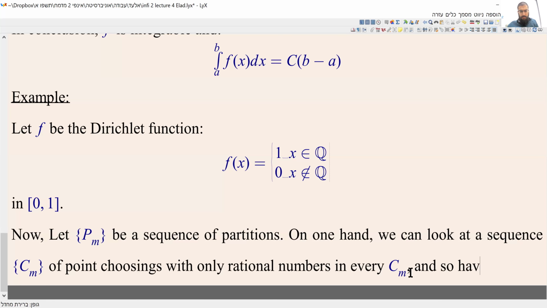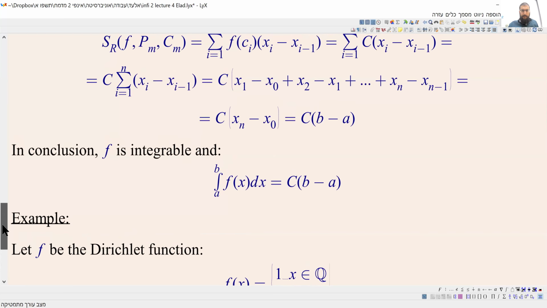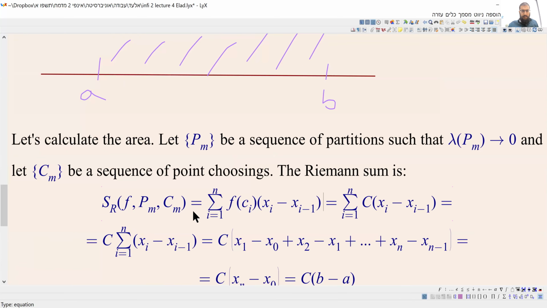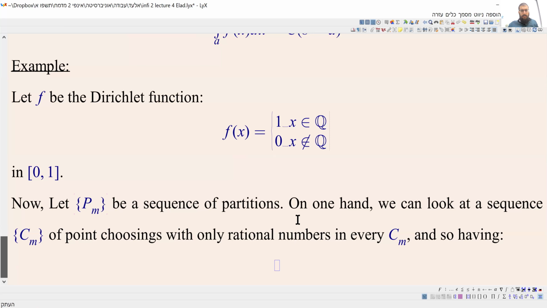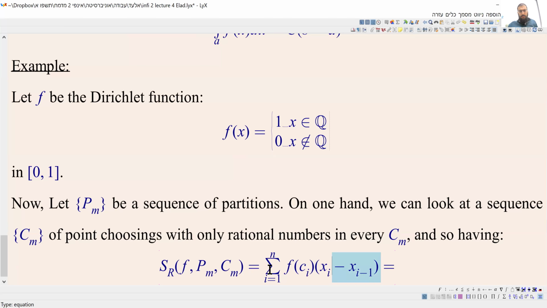So having the Riemann sum to be always 1 when it comes to f.